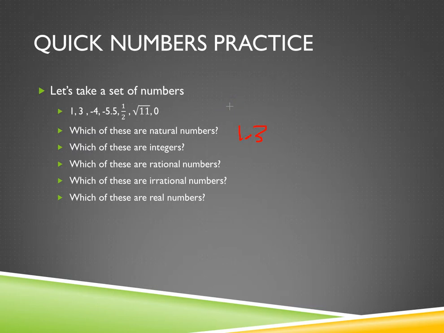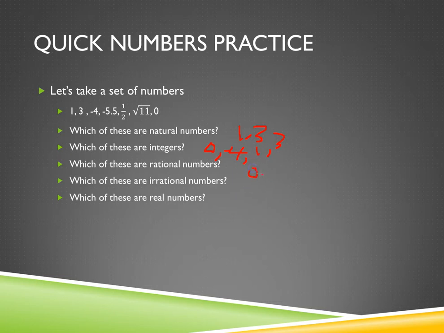Which of these are integers? For the integers, we go 0, -4, 1, 3. Okay? So which of these are rational numbers? Rational numbers include all integers.